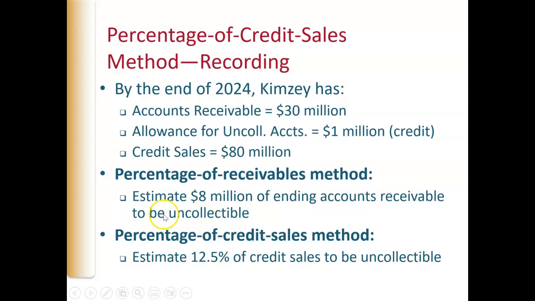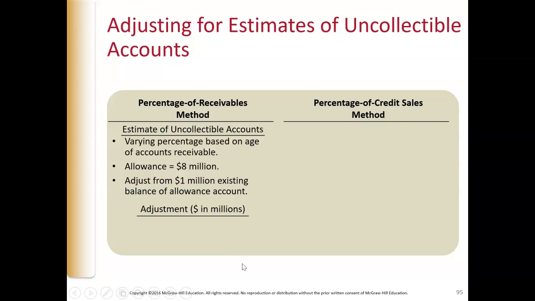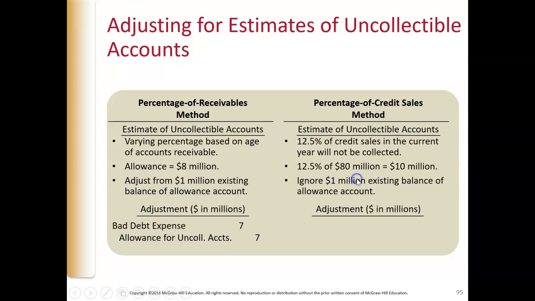Okay? Under the percentage of credit sales method, we just estimate 12.5% of credit sales are going to be uncollectible. So under this method, we will just take 12.5% of 80 million in credit sales, gives us our 10 million.